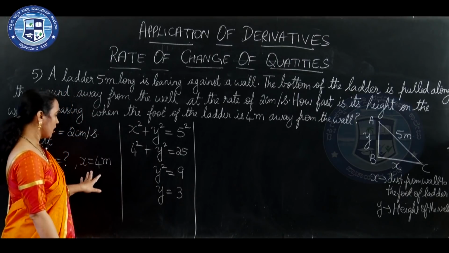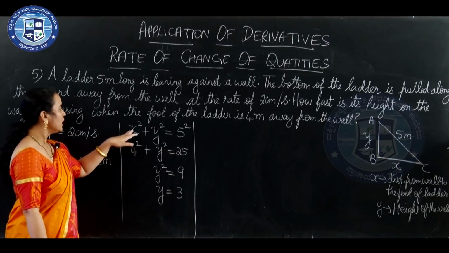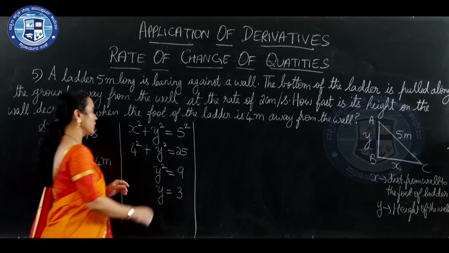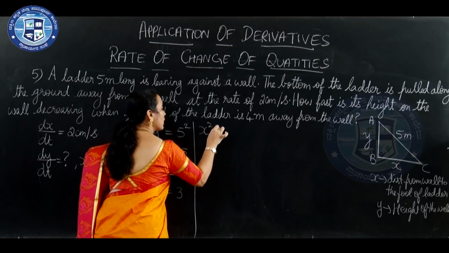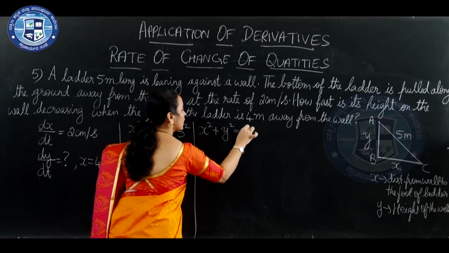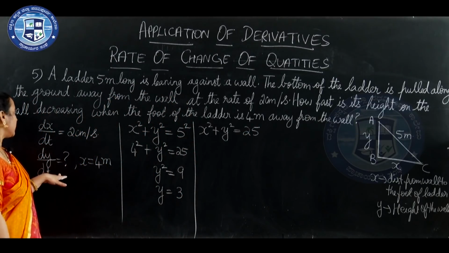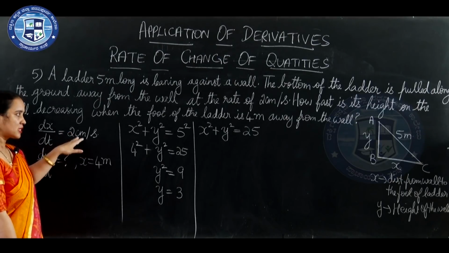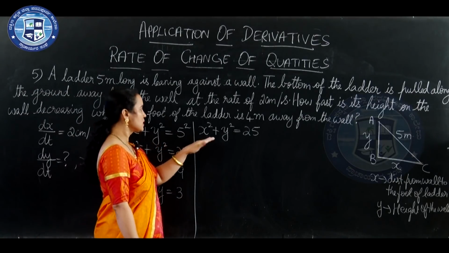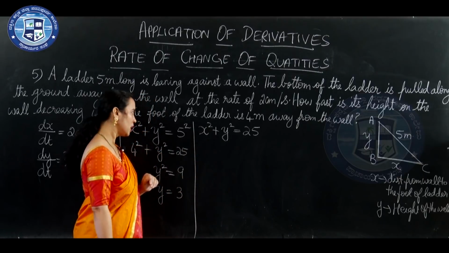So, we have x, we got y. Let us use this Pythagoras property again. x square plus y square is equal to 25. You have to find dy by dt, and they have given dx by dt. So, that means we have to differentiate the equation.